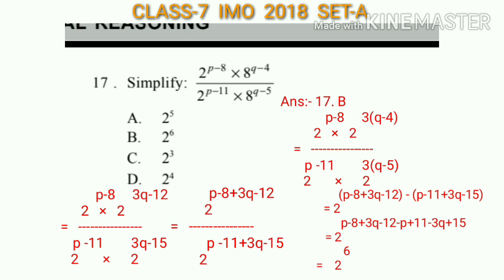If we solve this, we will get 2 to the power p minus 8 multiplied by 2 to the power 3q minus 12, whole divided by 2 to the power p minus 11 multiplied by 2 to the power 3q minus 15. As we know, when multiplying like bases, we keep the base same and we add the exponents.